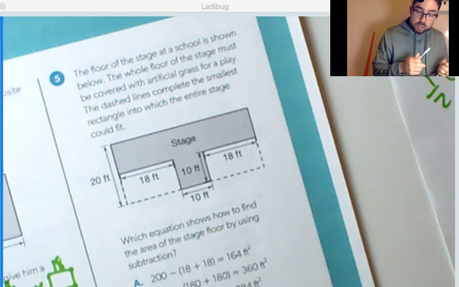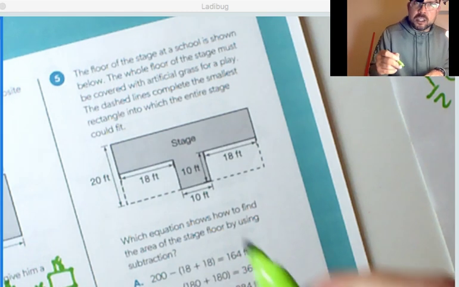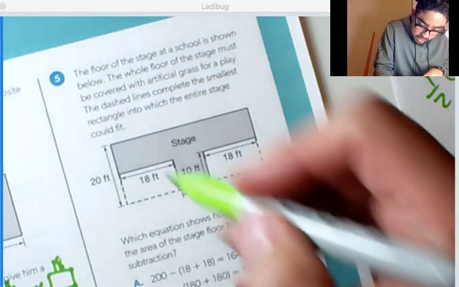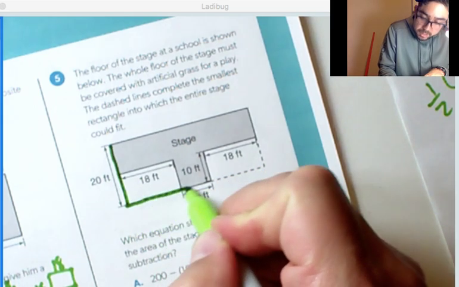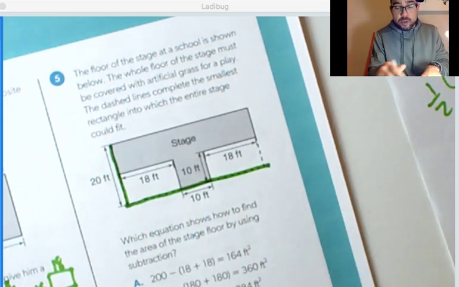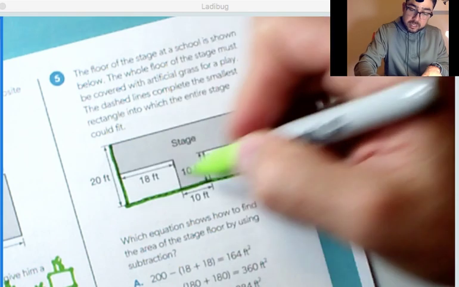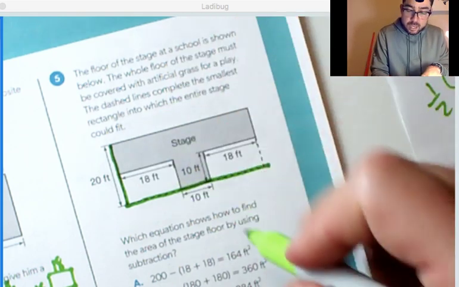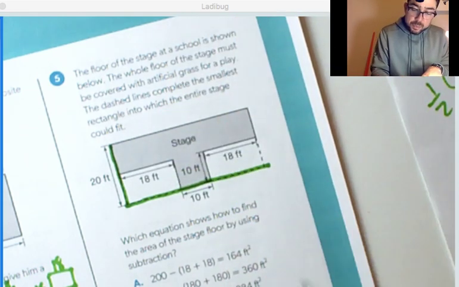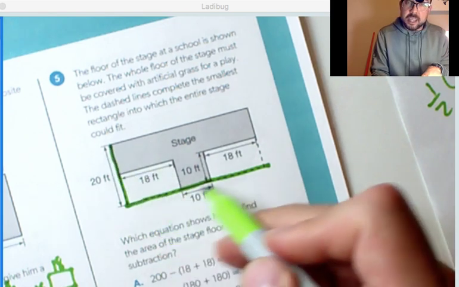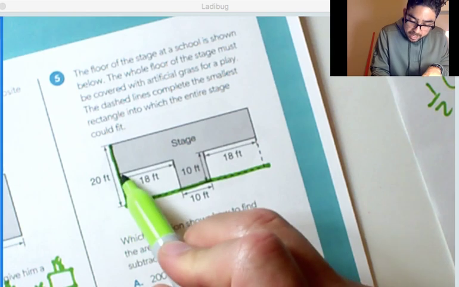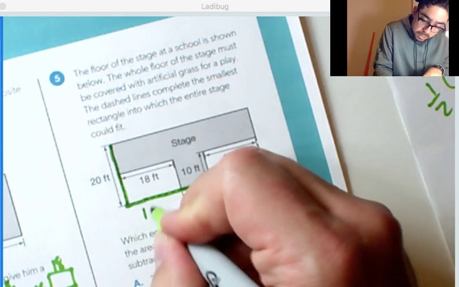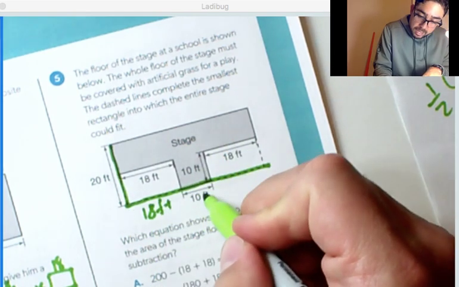Now, first of all, we have to understand what the dimensions of the entire area are, meaning the height and the base of the large rectangle. We're looking at the big rectangle, not the stage by itself, and not the empty space. If we're looking at the entire space that the stage can fit in, I can see it's 20 by 18 feet, 10 feet, and 18 feet.